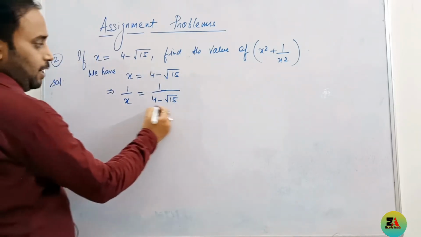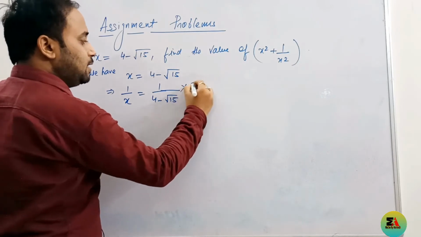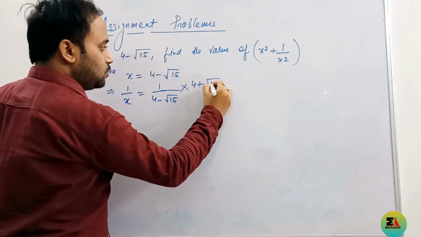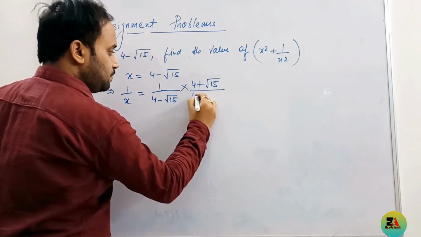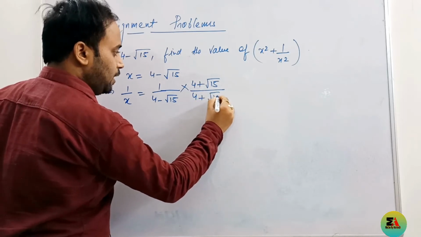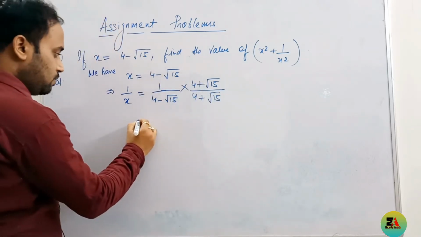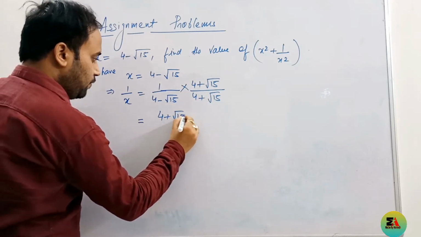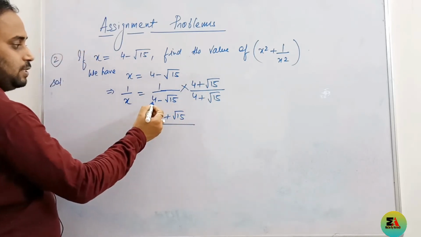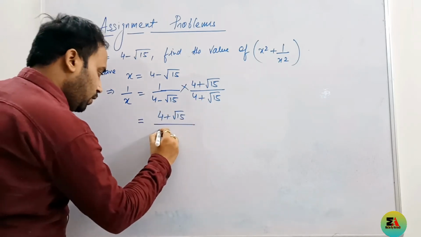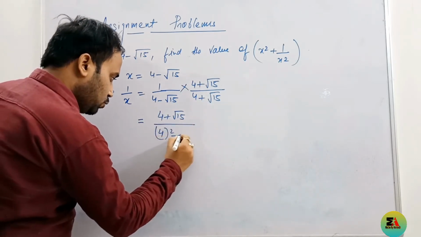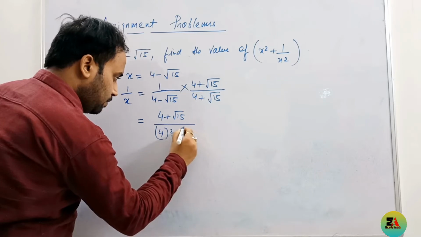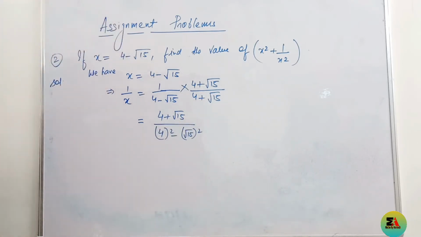Now see, the denominator is 4 minus root under 15. Rationalize it by multiplying by (4 plus root under 15) by (4 plus root under 15). Now see, our denominator becomes (a minus b)(a plus b). What do we write here? a square minus b square.